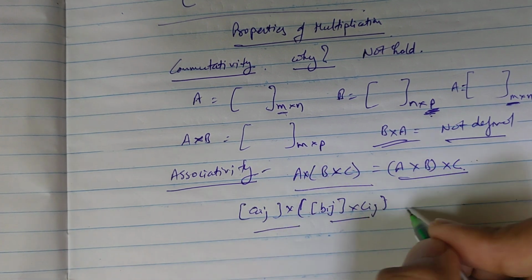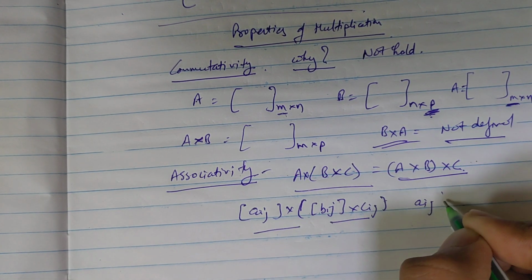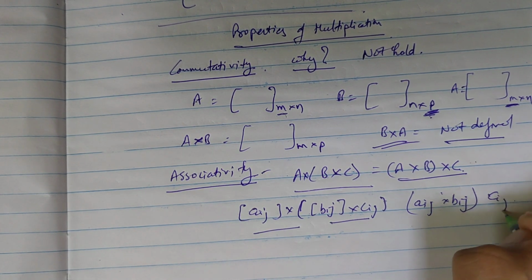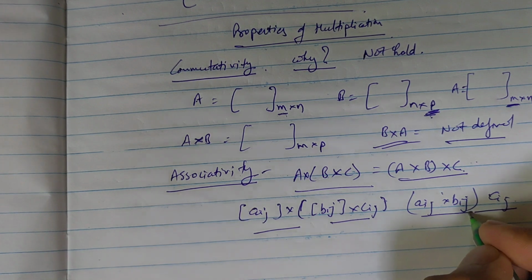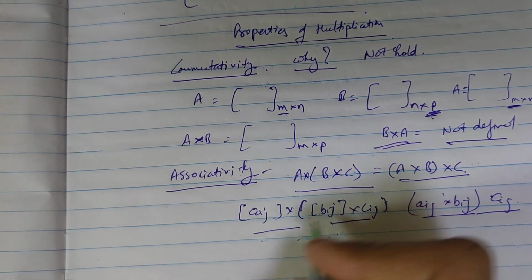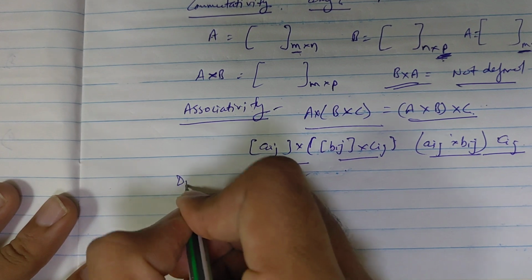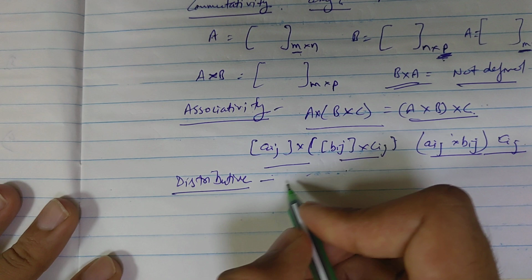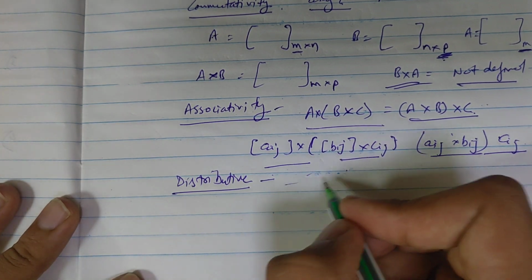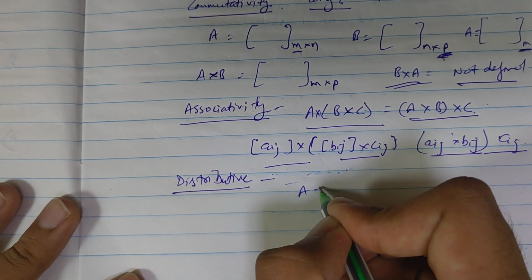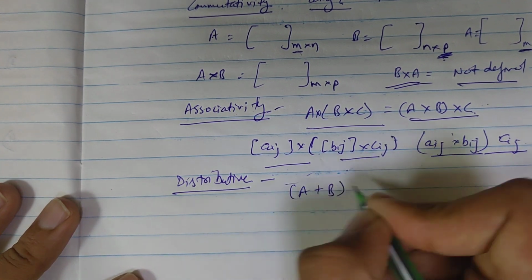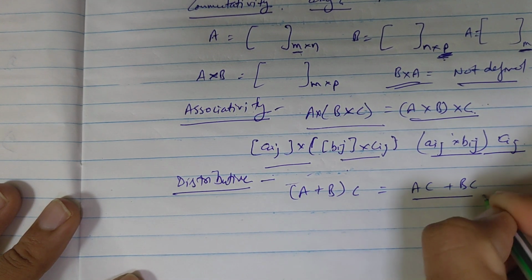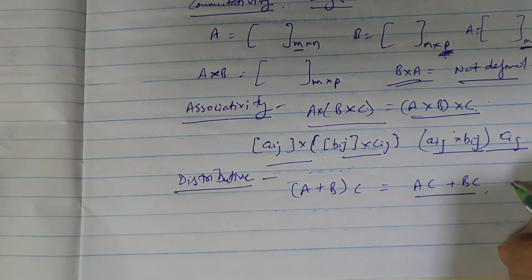Okay, so these will hold for associativity, so we can get Aij cross Bij and Cij. Okay, so associativity hold for the numbers, so this will also hold here. Now the next one is distributive. Distributive property will also hold. So what is distributive? That is A plus B multiply C must be equal to AC plus BC. So this will also hold.